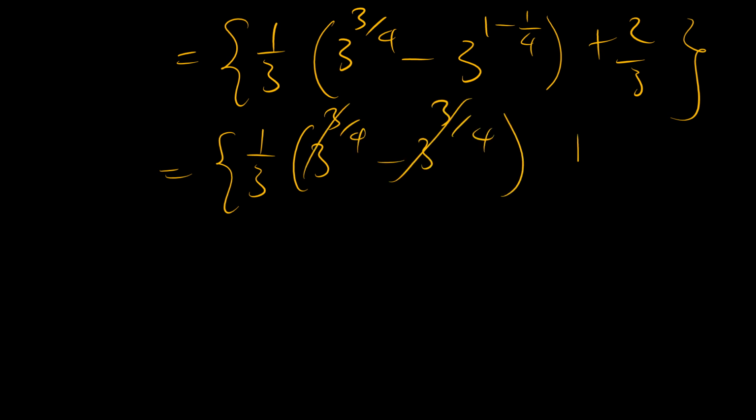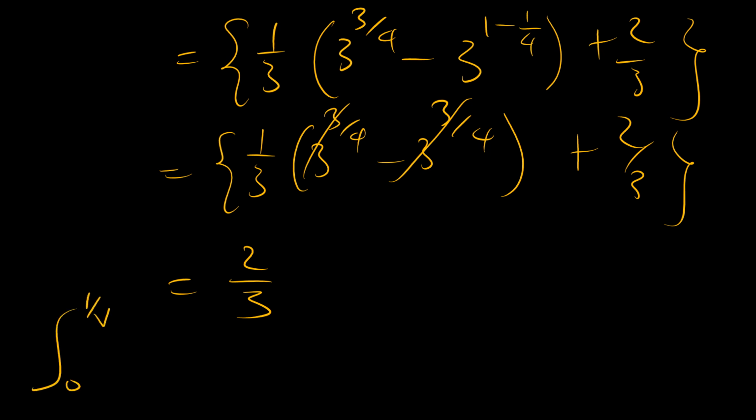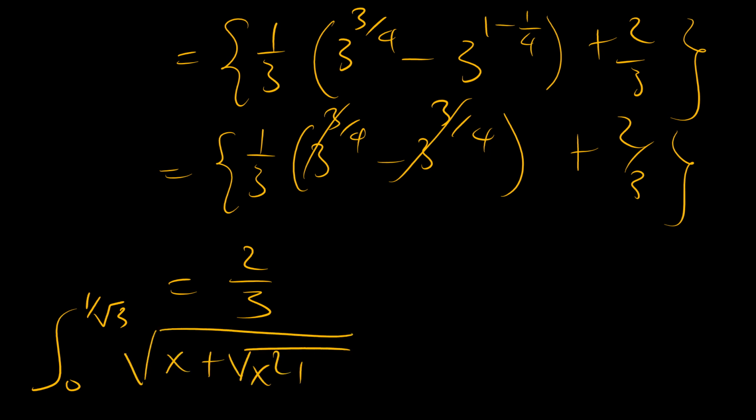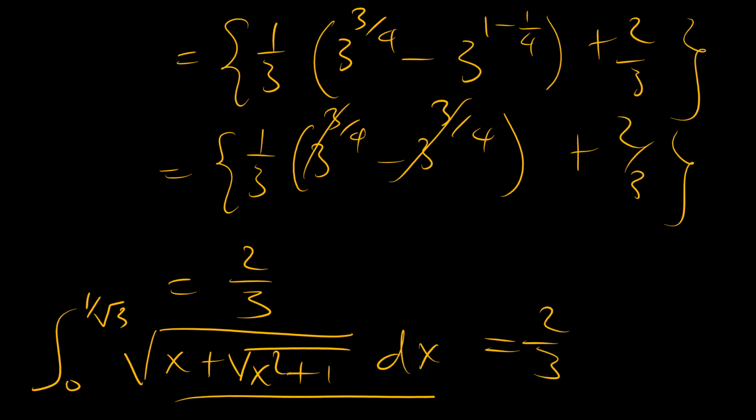And this becomes 0. So this becomes 2 over 3. And so our integral from 0 to 1 over root 3 of the square root of x plus the square root of x squared plus 1 is equal to 2 over 3. And that, ladies and gentlemen, is our answer.